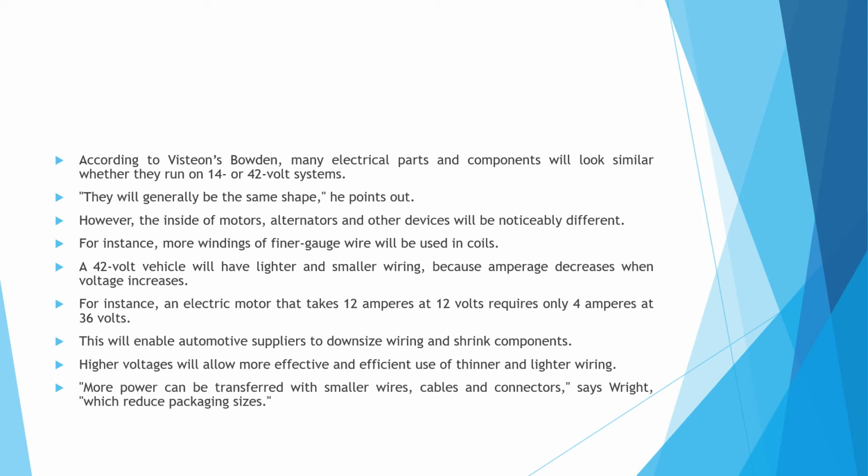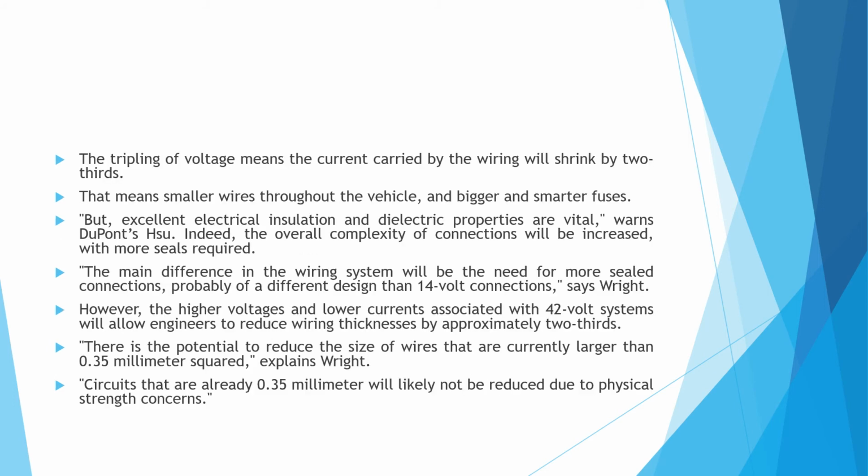More power can be transferred with smaller wires, cables and connectors, which reduces the packaging sizes. The tripling of voltage means the current carried by the wiring will shrink by 2/3. That means smaller wires throughout the vehicle and bigger, smarter fuses.